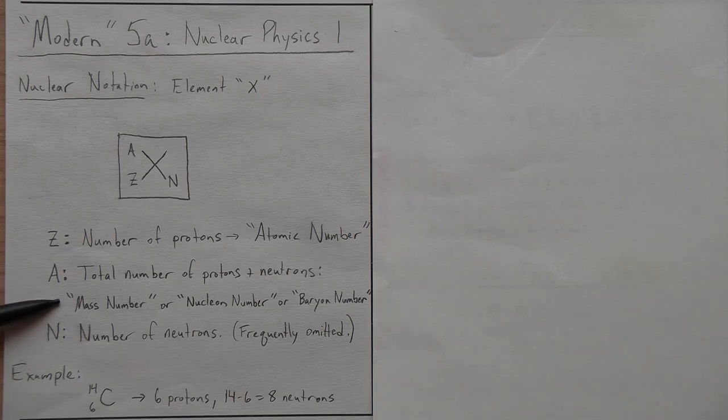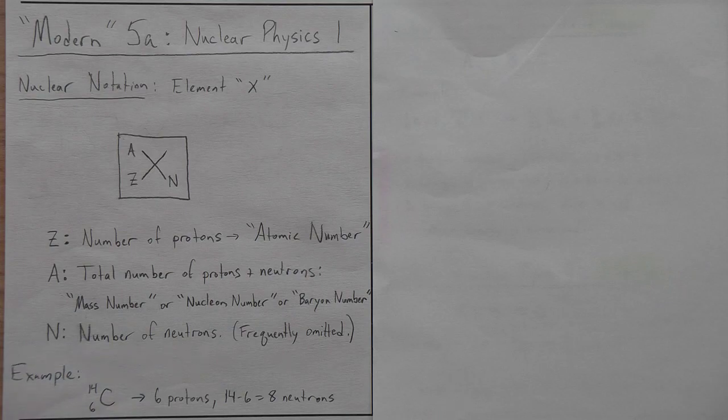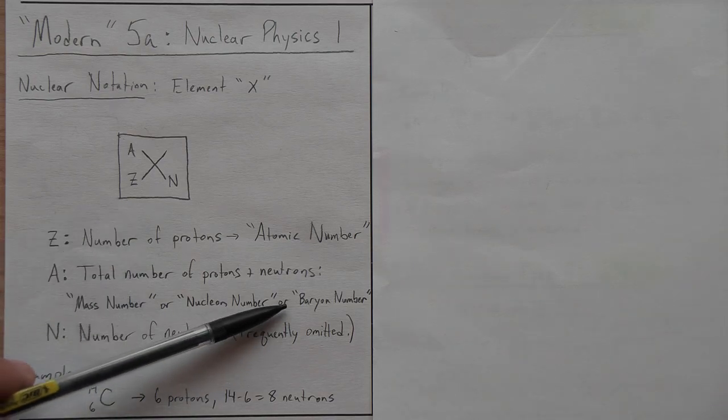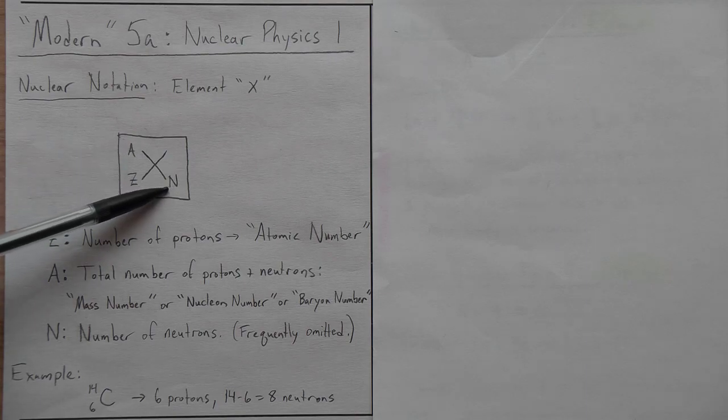Sometimes it's called the mass number, sometimes the nucleon number, sometimes the baryon number, because remember we learned in the previous modern video that protons and neutrons are baryons in the Standard Model. And over here on the lower right is the number of neutrons. It's frequently omitted because you can find the number of neutrons by just subtracting these two numbers. So very often that number is not there.